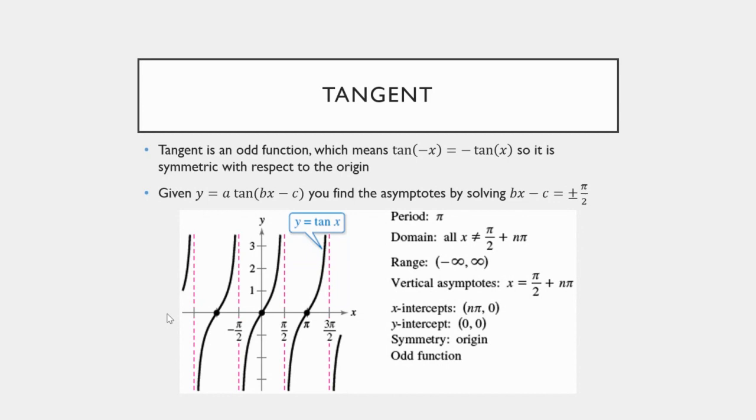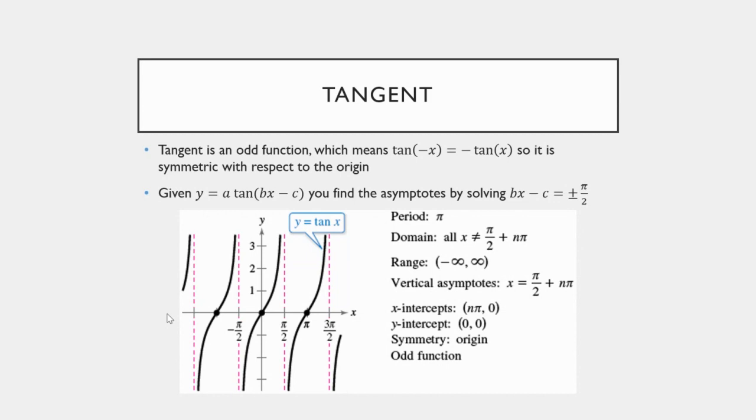Once you know that, you can figure out the period, and that will tell you when those things are repeating. So knowing the asymptotes and the period helps you determine what your graph is going to look like, and then you can fill in the gaps. Those are the two most important things that I usually focus on.